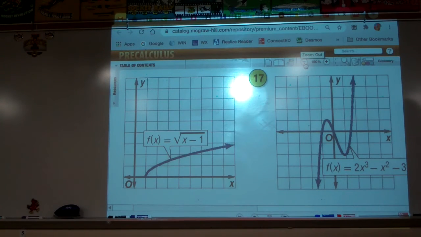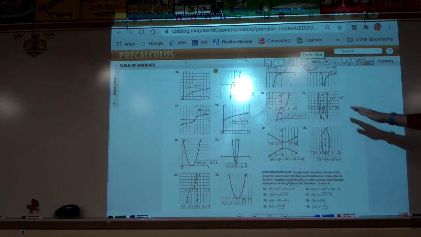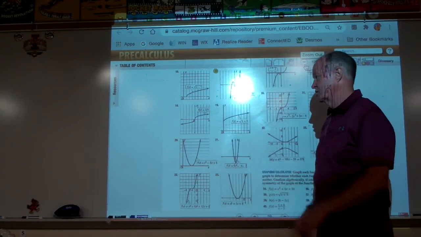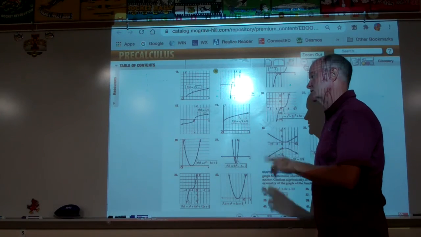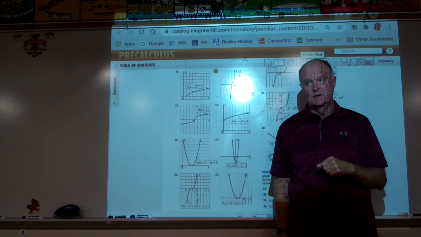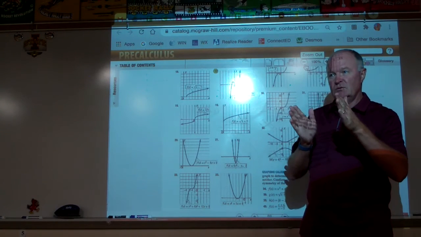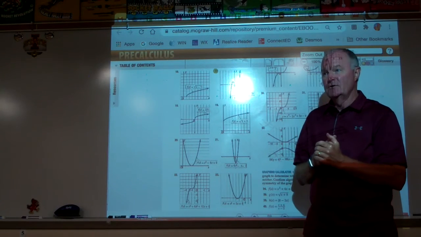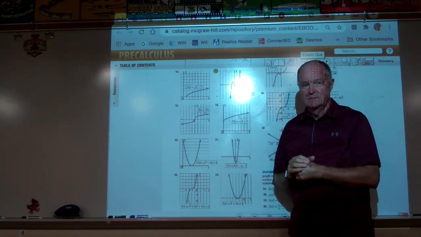There are 8 graphs. Graphically, just determine x-intercept and y-intercept. Okay? And leave about 2 to 3 lines between numbers for the algebraic part that we'll come back to.